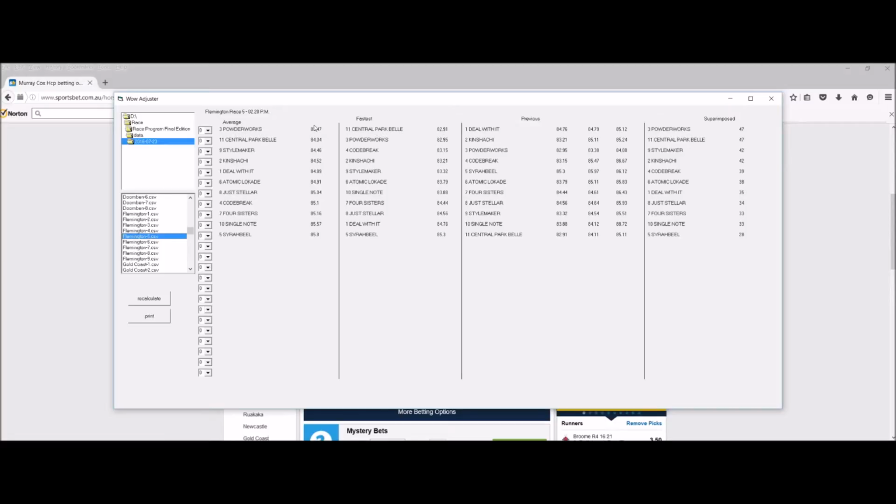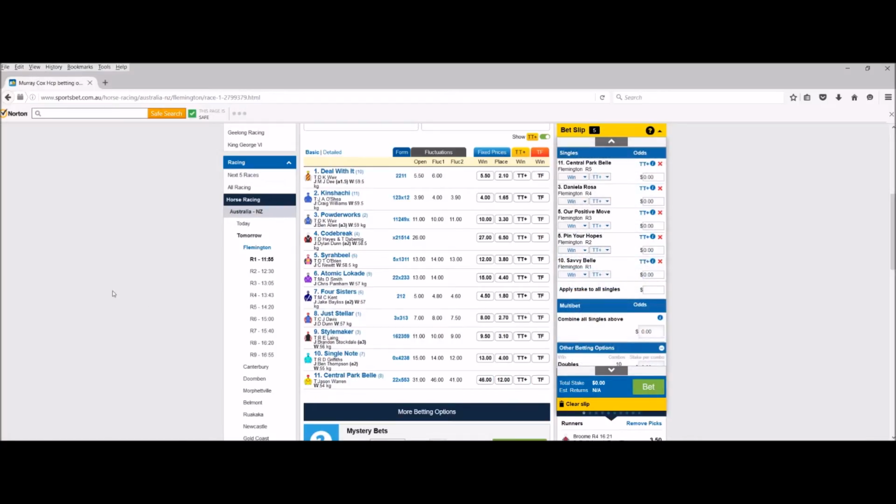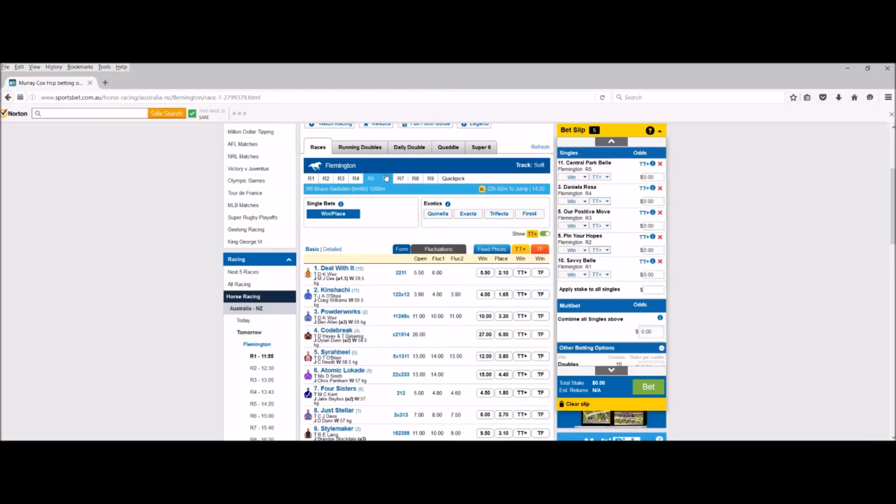Central Bell. Not much is really standing out, although Powerworks, we'll have a look at those. They're equal. Powerworks and Central Bell. Central Park Bell, 40s. I usually don't let odds worry me either, so I take the value. It might be scratched, it's got no jockey listed on it at this stage, so just put it in just for fun. I'm not going to put it on, I'm just showing you what we're doing.